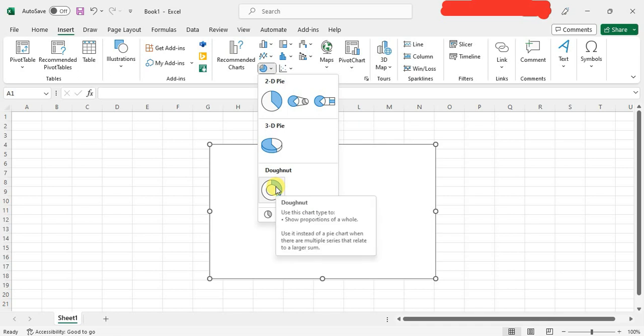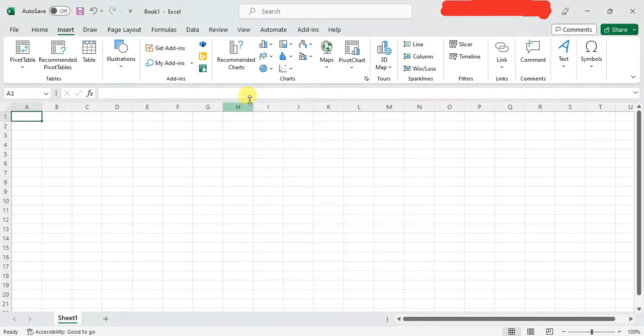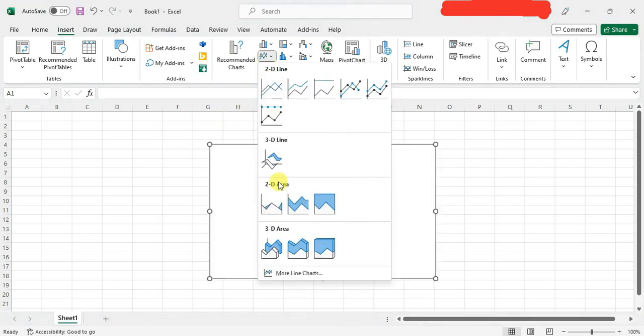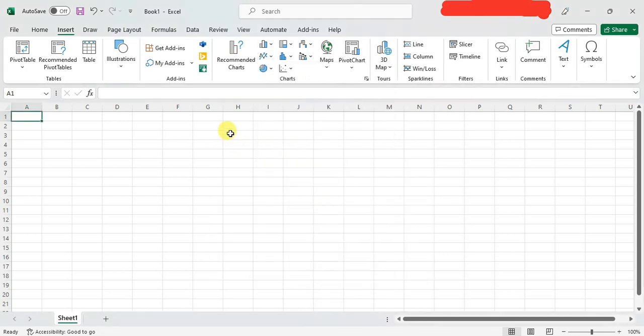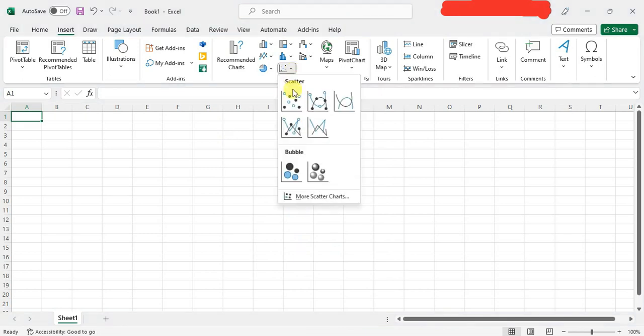Donut chart. Donut charts are similar to pie charts but have a hole in the center. They are used to show the relationship of parts to a whole, much like pie charts. Area chart. Area charts are similar to line charts, but the area beneath the line is shaded. They are suitable for showing cumulative data and comparing multiple data series.